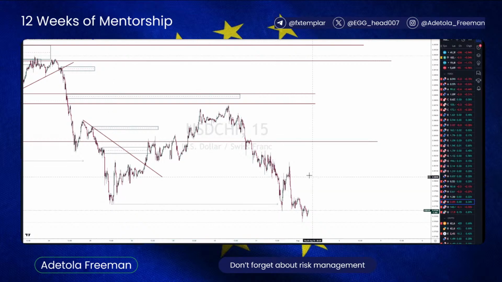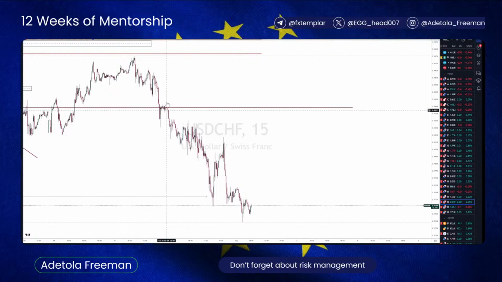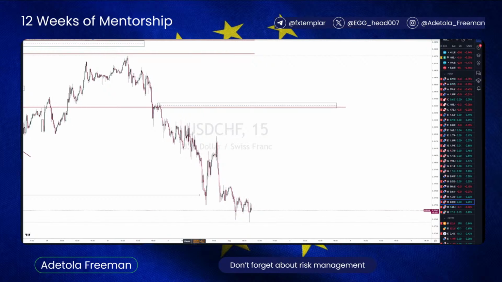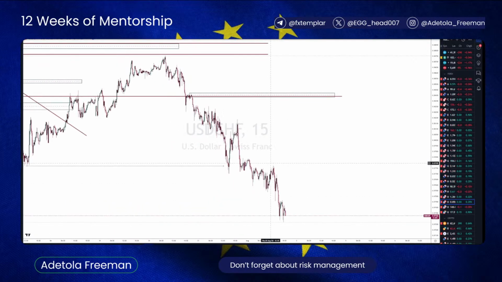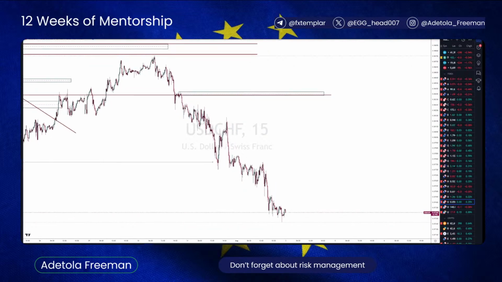We got another break of structure. Remember, we still have a pivot around here. So let's play it forward again. Let me go to the 1 hour so we can see this clearly.